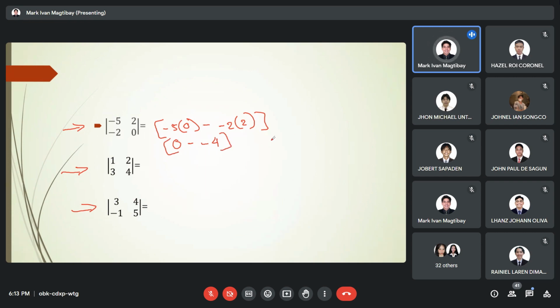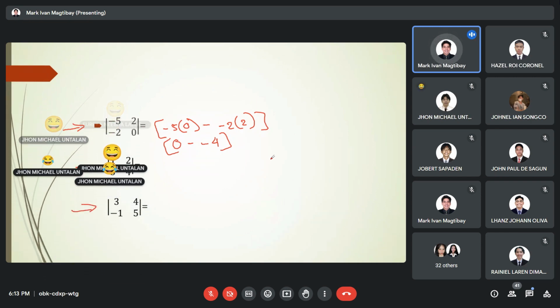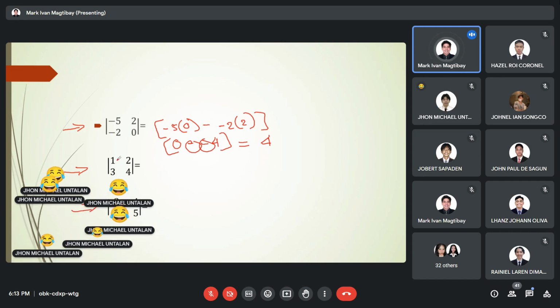Okay, sorry. Negative, ah okay, i-mekos mo na yung dalawang negative na yan, magiging positive na po. So, meaning to say, magiging sagot po natin is equal to positive 4. Okay? Next po.